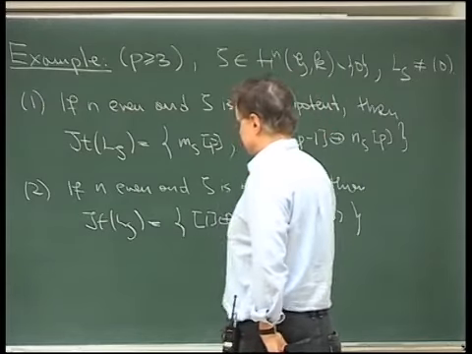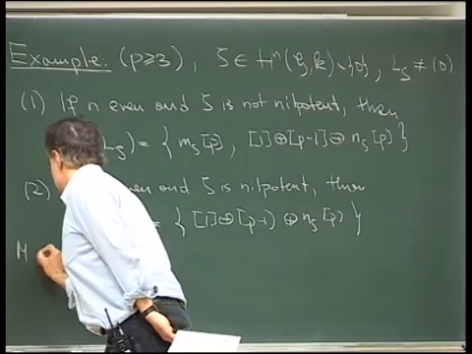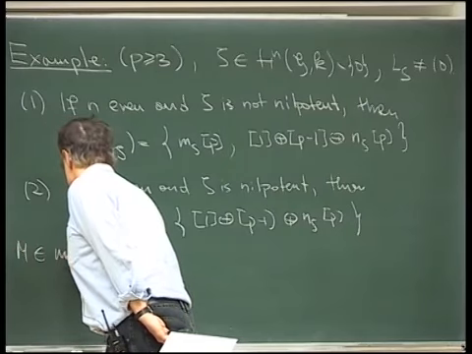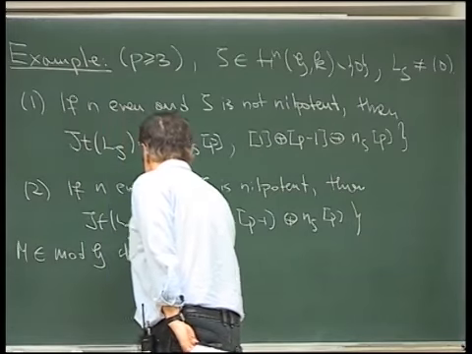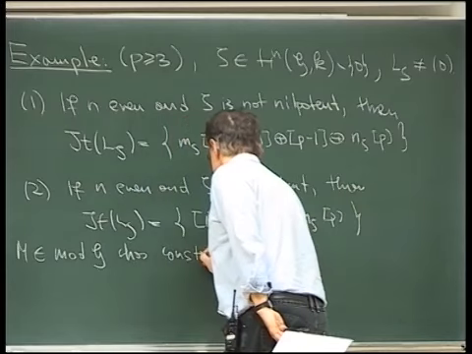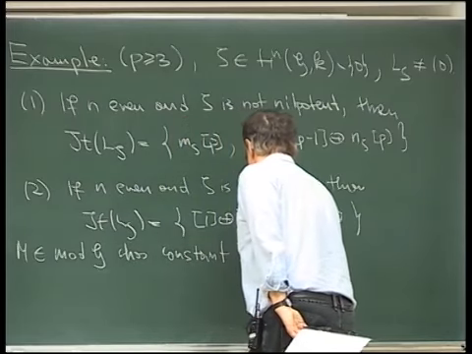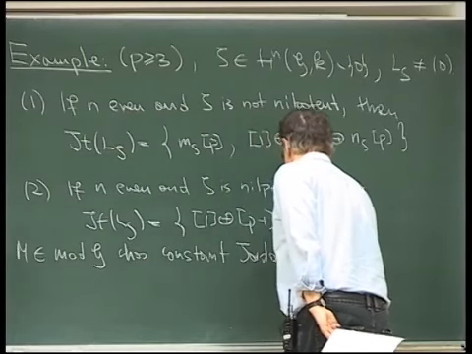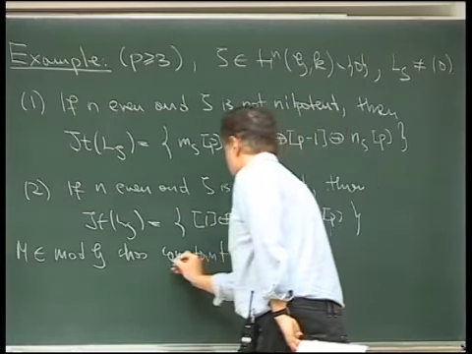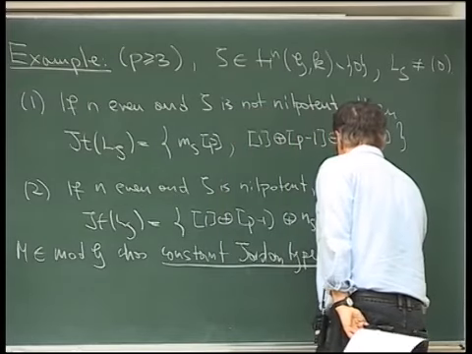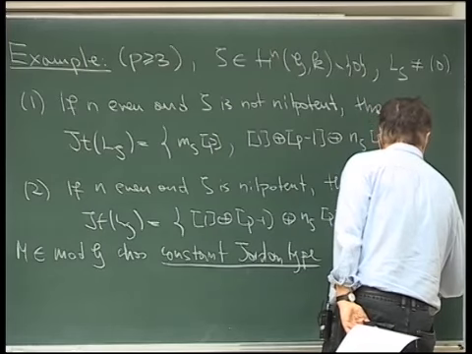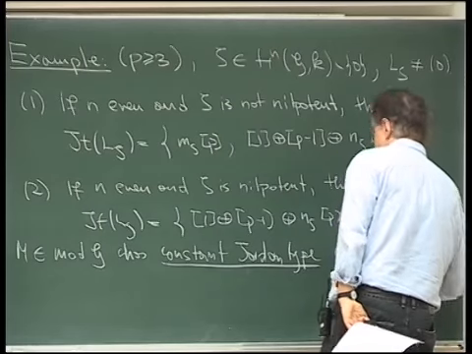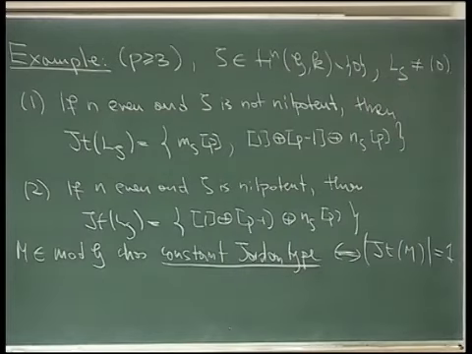I talked about classes of modules. So M in mod G has constant Jordan type provided the space is a singleton, so these particular Carlson modules here are modules of constant Jordan type.